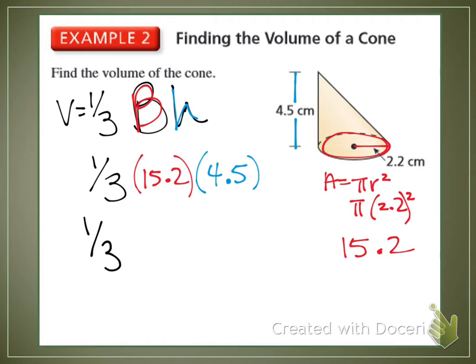I'm going to drop down the 1/3 and multiply 15.2 times 4.5. What does that make? 68.4. And then multiply times 1/3 or divide it by 3. It's the same thing.